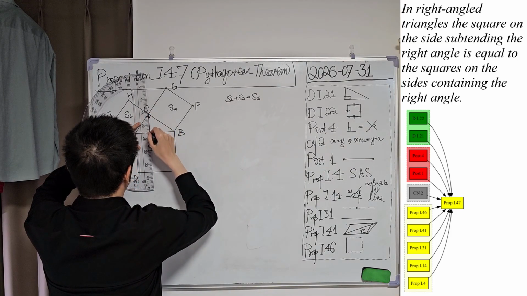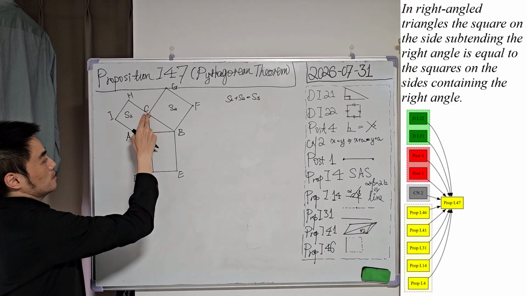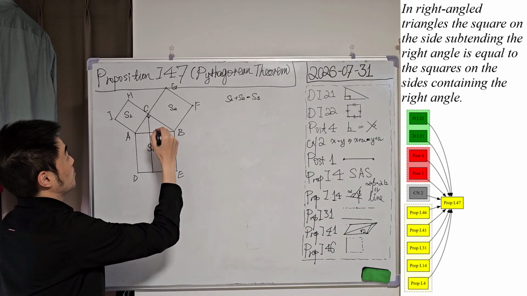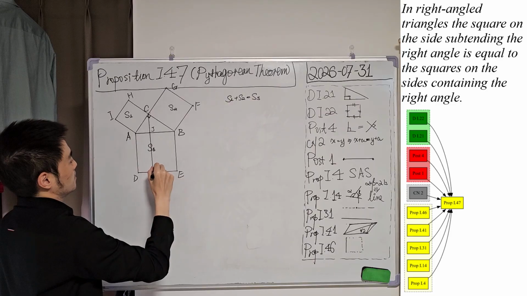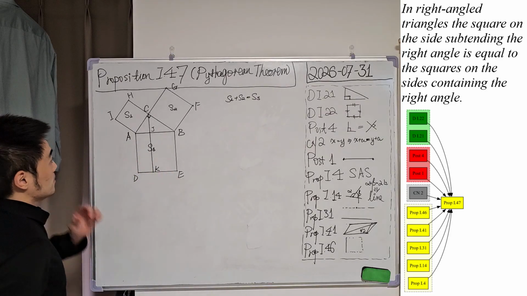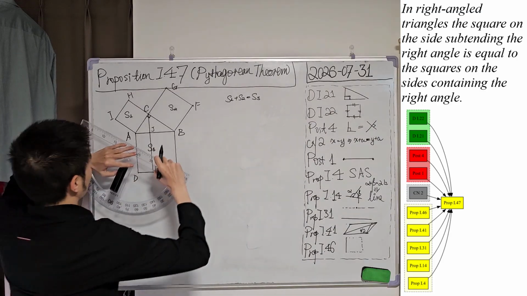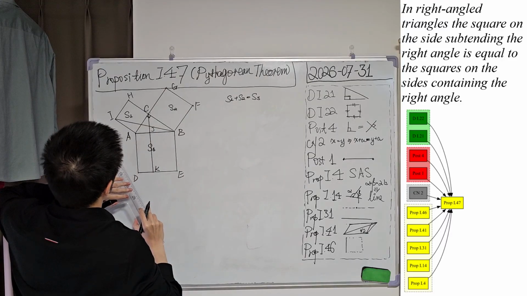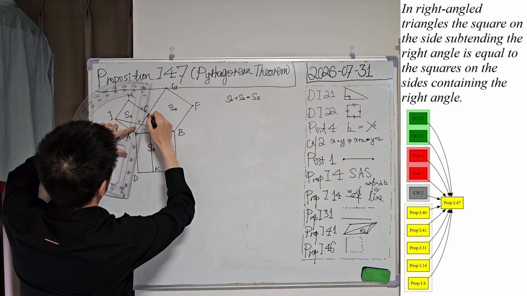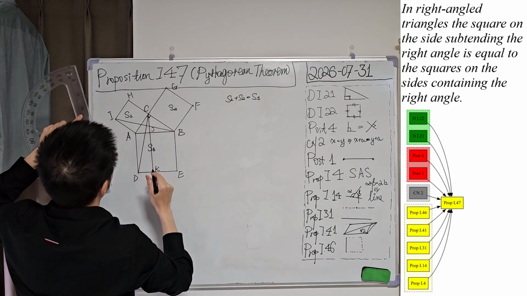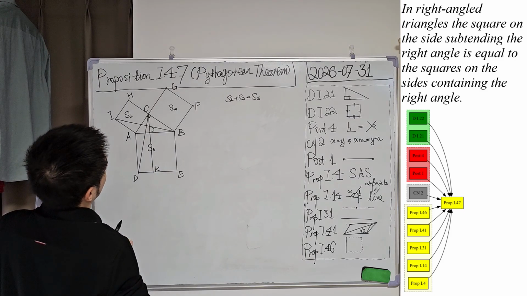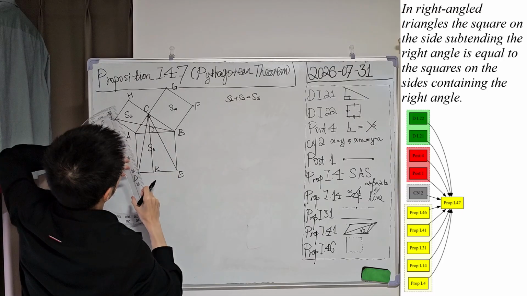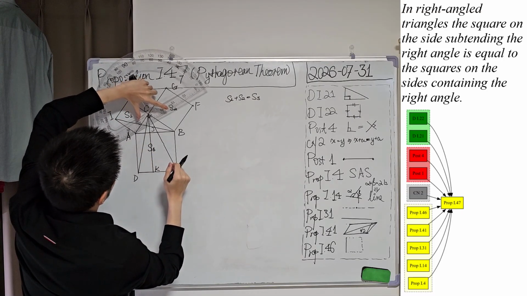So let us construct this straight line through point C that is parallel to AD, and let's assume it meets these two straight lines at points J and K. In the next step, let us use postulate 1 to join BI and CD together, as well as CE and AF.